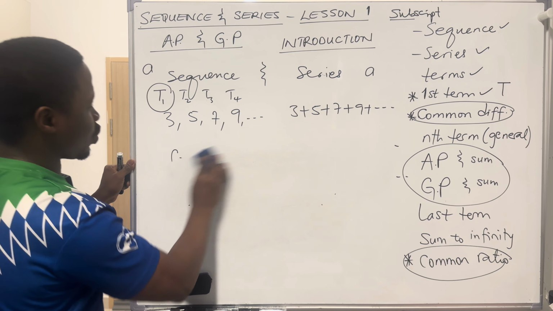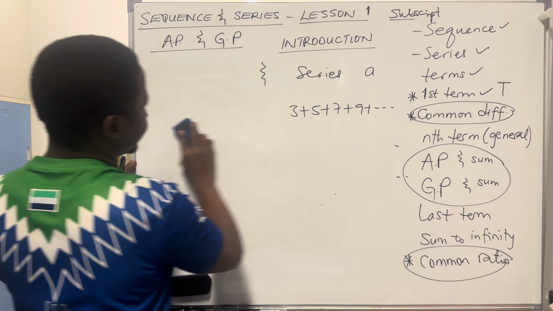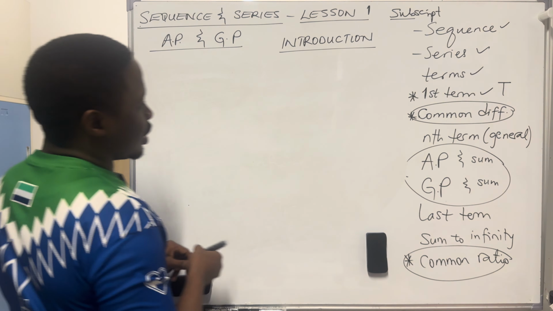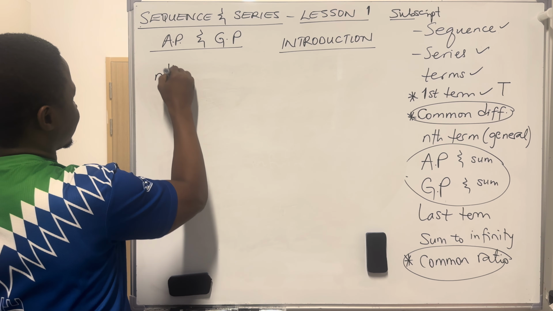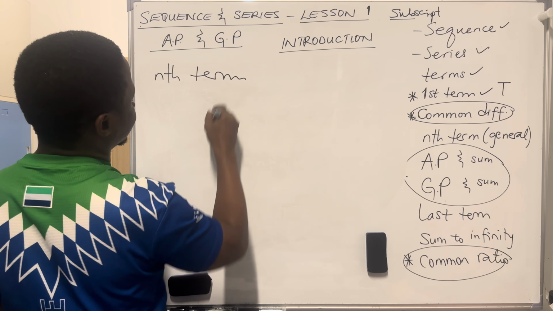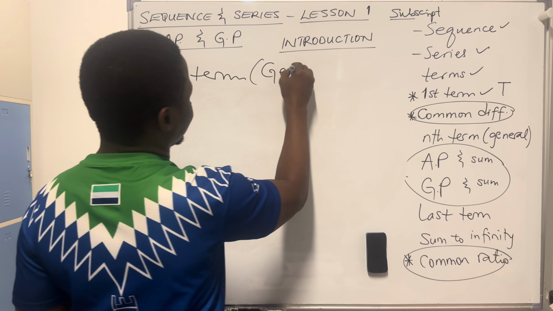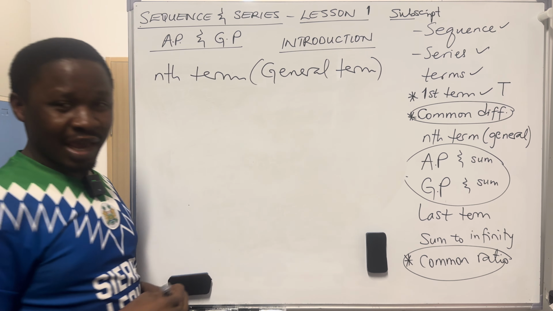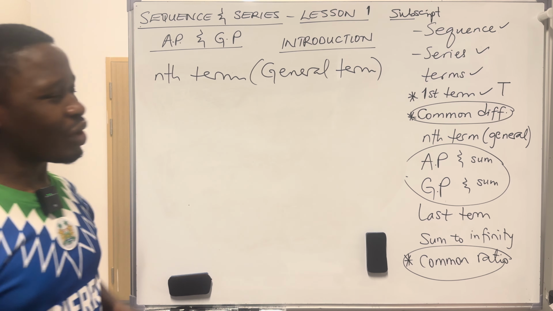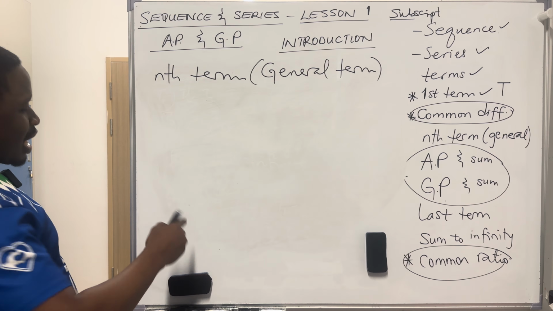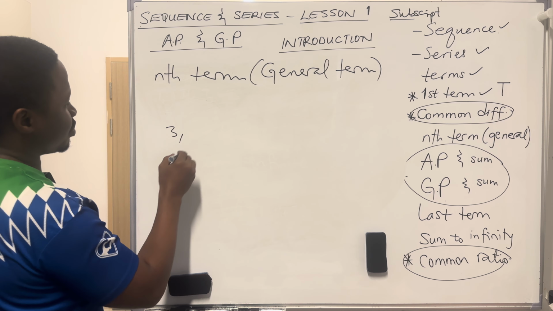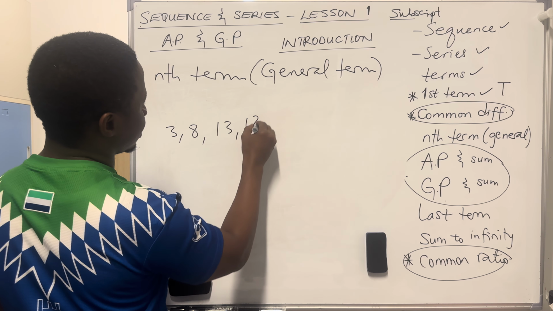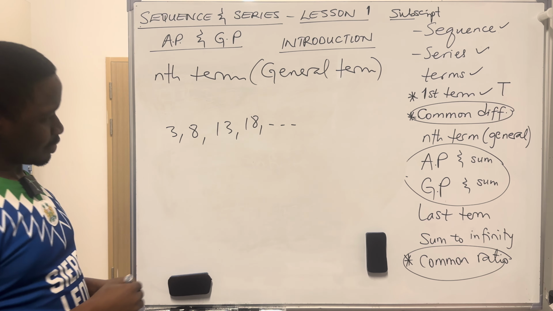Now let's go to what we call the nth term. The nth term is called the general term. Now let's say we have 3, 8, 13, 18, like this.